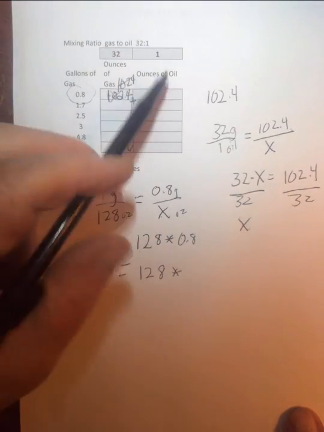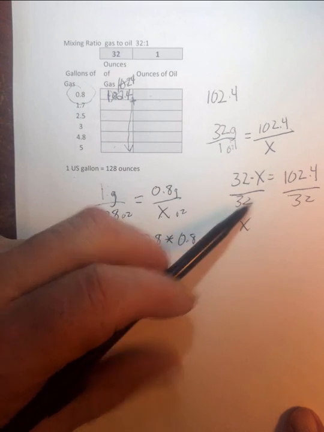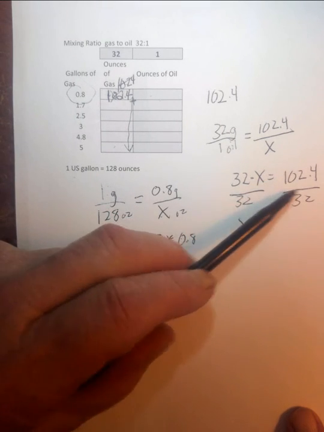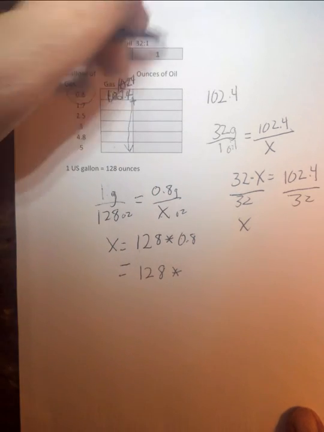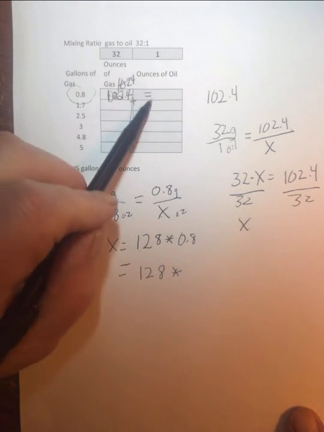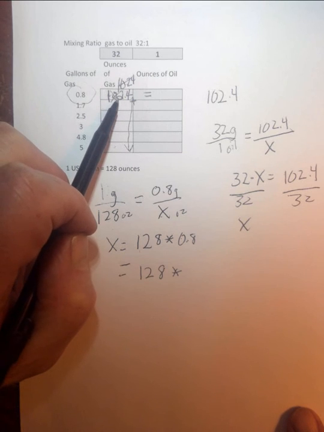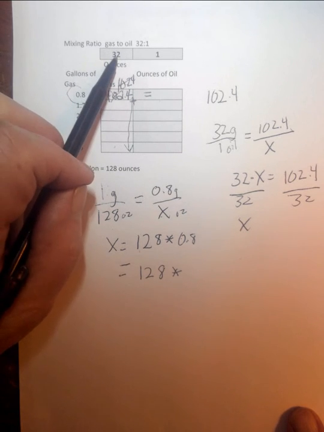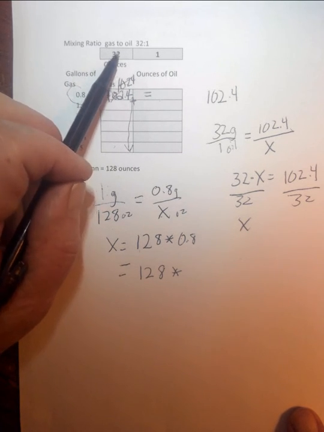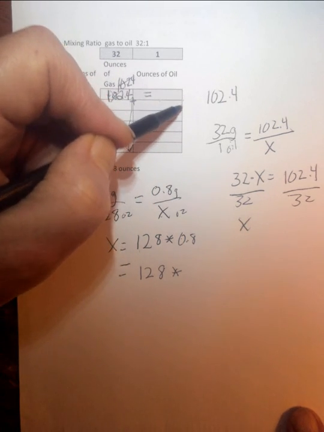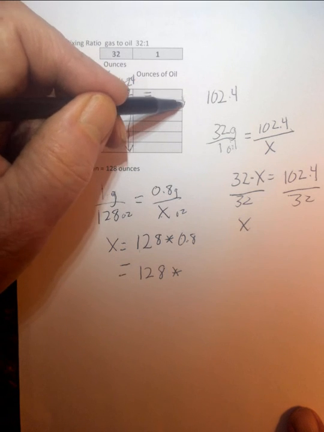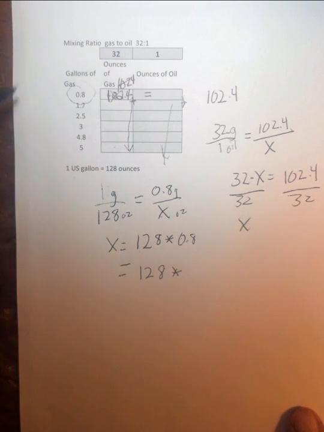So the ounces of oil equals 102.4 divided by 32, which means you would put equals here, this divided by this, and that you would lock, because then you could go ahead and fill it all the way down. So that's really it.